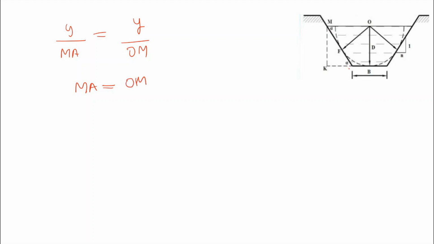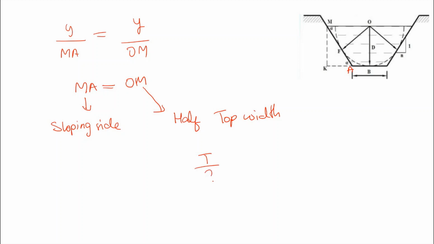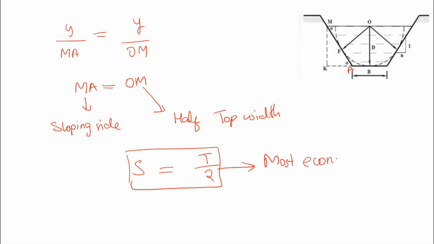Now let us see what MA and OM are. MA is the sloping side, the length of the sloping side, and OM is half of the top width. So half of the top width, T by 2, is equal to the sloping side distance. This is the equation or condition for the most economical trapezoidal section.